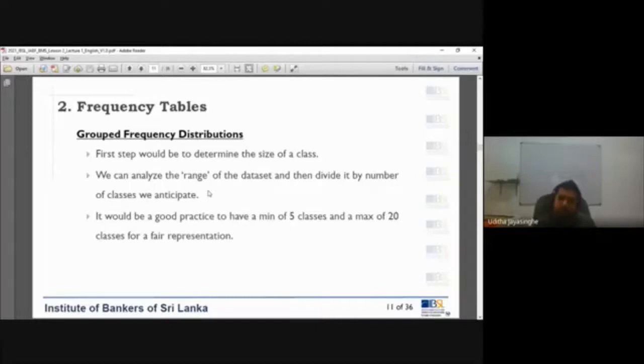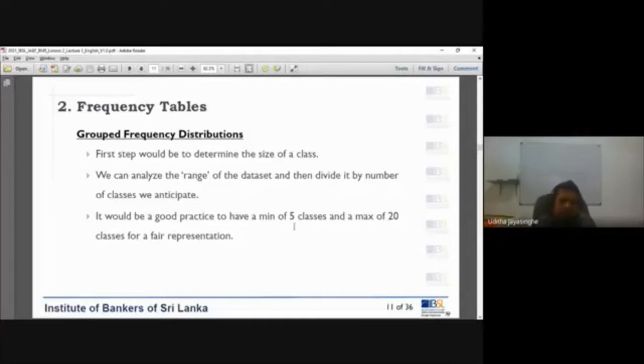That means you can divide 20 by 4 and judge that I am going to discuss my data set with 5 class intervals. 5 is going to be the number of classes and 4 is going to be the range of a smaller class. Let's say your data set is going to range from 100 to 10,000. 100 to 10,000 is the data range.